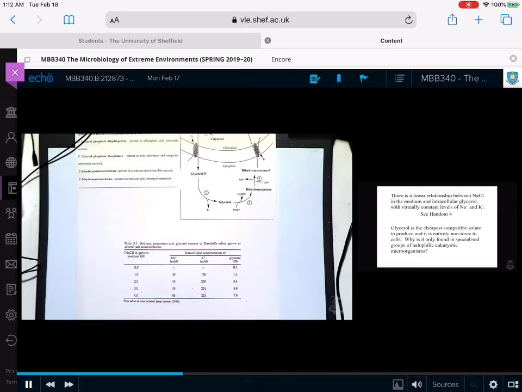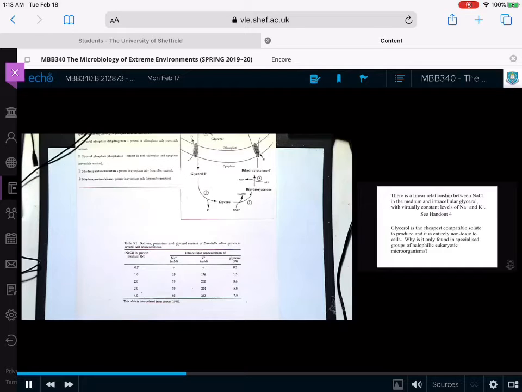Okay, so I did mention in the previous lecture that glycerol is the cheapest compatible solute to produce. It's cheaper than ectoine and glycine betaine on the basis of the ATP equivalents required to produce the glycerol. So why is it only found then in halophilic eukaryotic microorganisms?